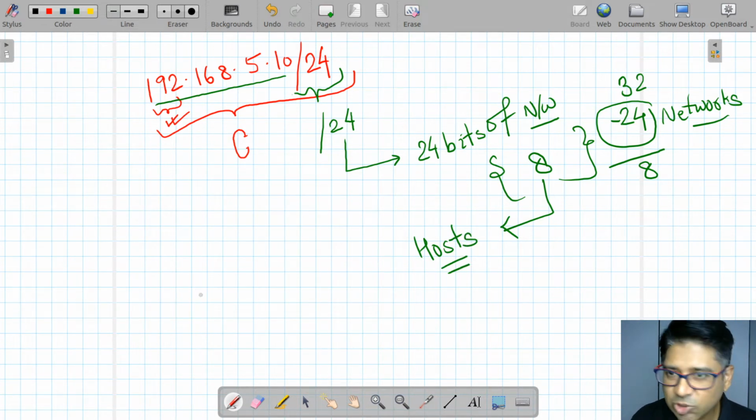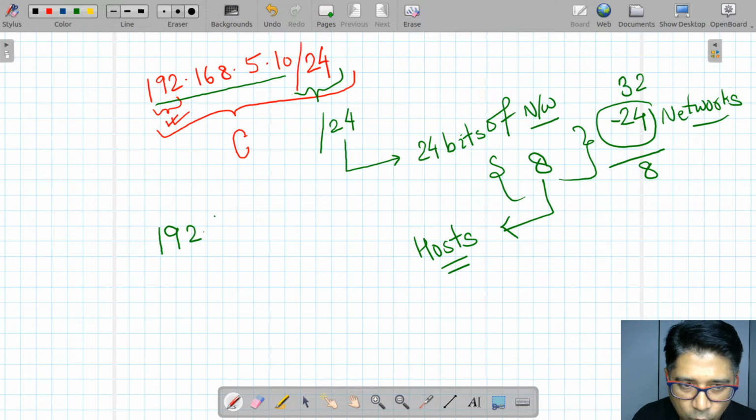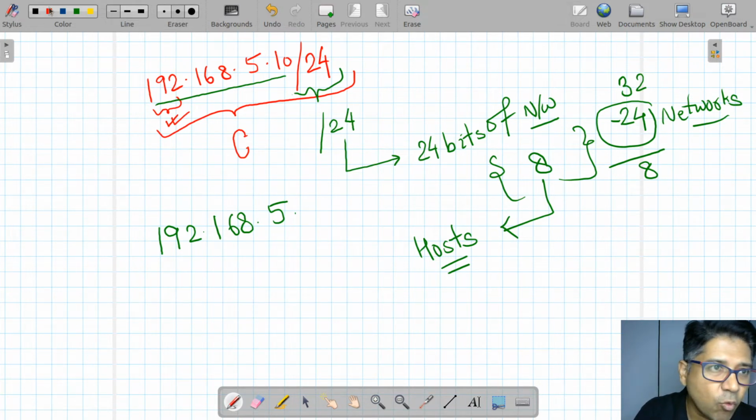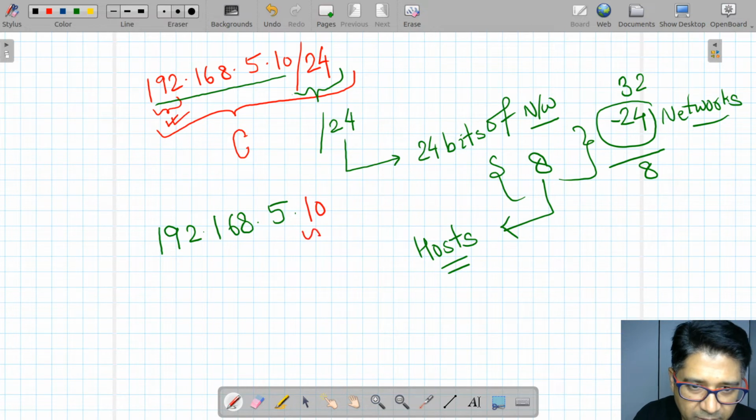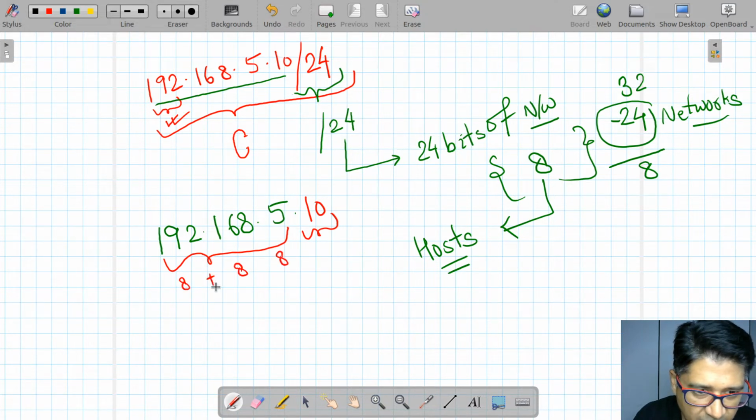Is this part clear? So what do you mean by this? In 192.168.5.10, the 10 belongs to the remaining 8 bits. The first 3 octets, 8 plus 8 plus 8, make 24 bits.